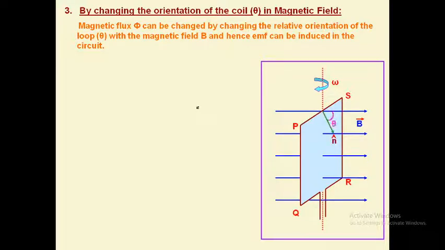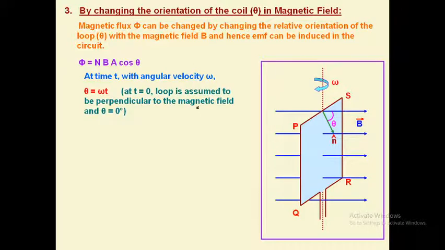Okay, so here you can mathematically work this out. The flux, you know, is B A cos theta. If the number of turns is n, that will also appear. If the angular velocity of rotation of the coil is omega, then you know omega is theta upon t, or theta is equal to omega t.